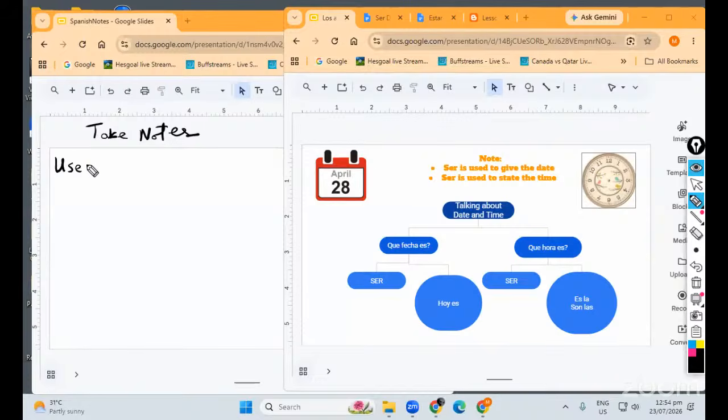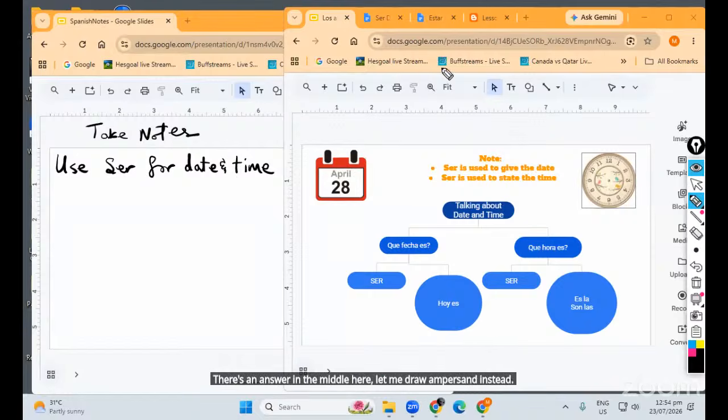Right, so uses of ser. Let me write this differently, sorry. So use ser for date and time. There's an and sign in the middle here, I'm going to draw an ampersand instead. Right. Now let's do the example.